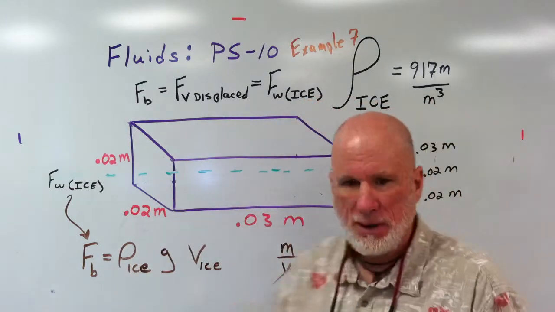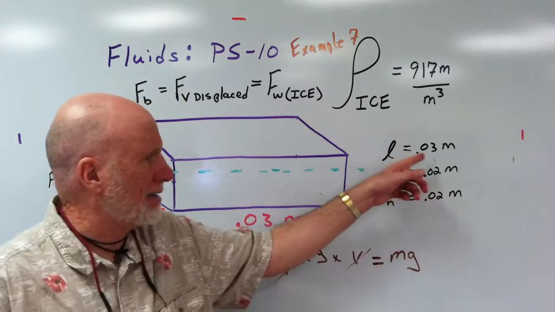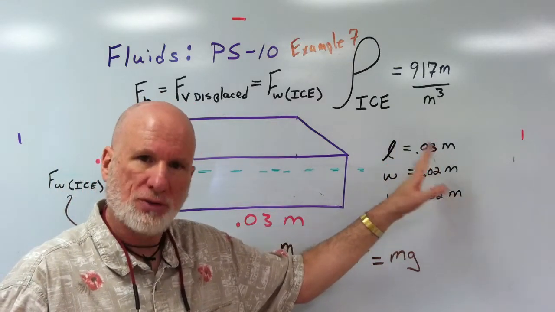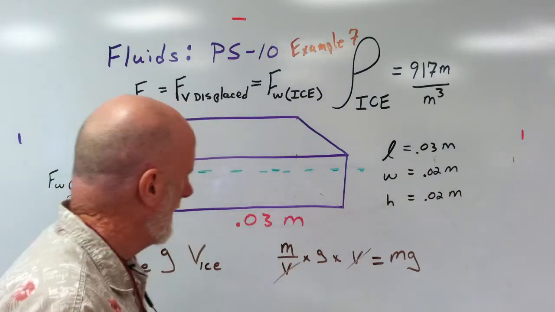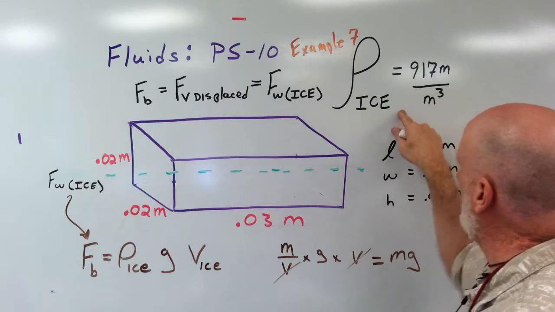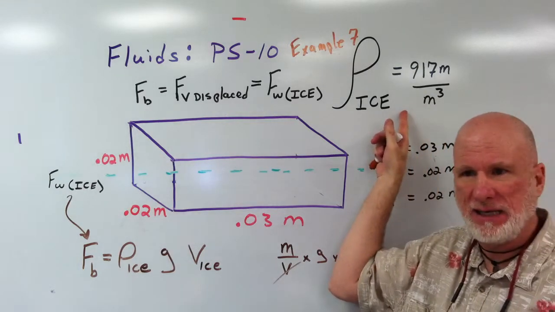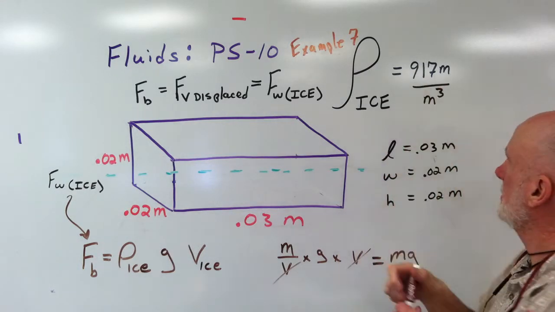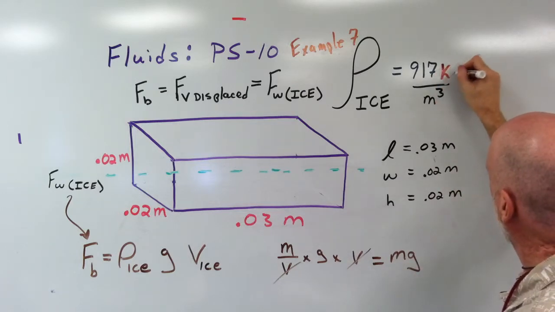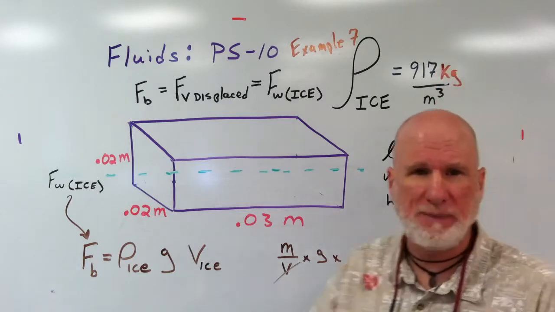I just wanted to make the drawing look a little bit bigger. So these are the dimensions: length times width times height, okay? 0.03, 0.02, 0.02. And what else do we have here? We have the density of ice is 917 kilograms per cubic meter.